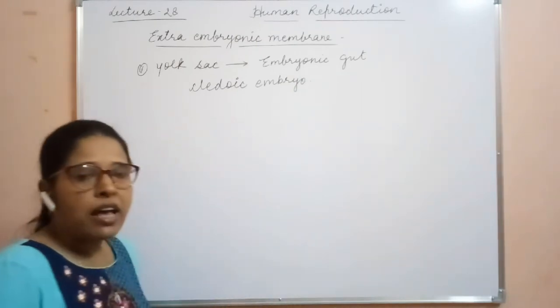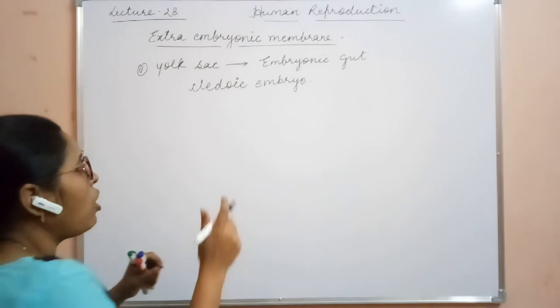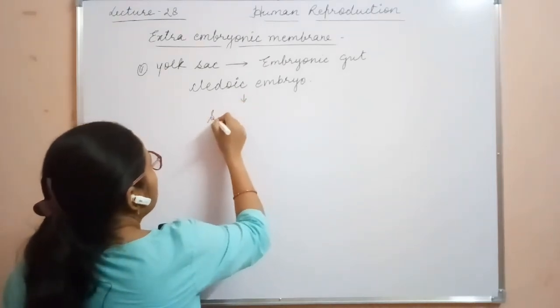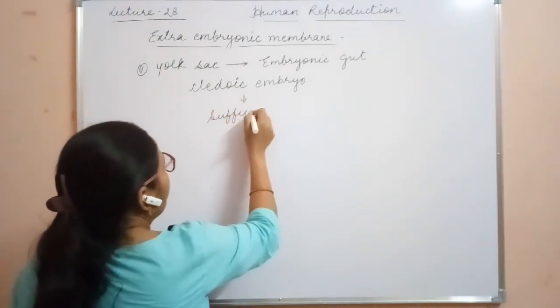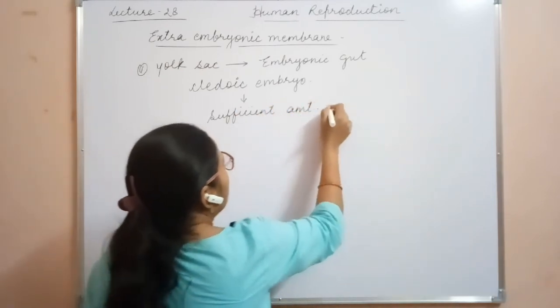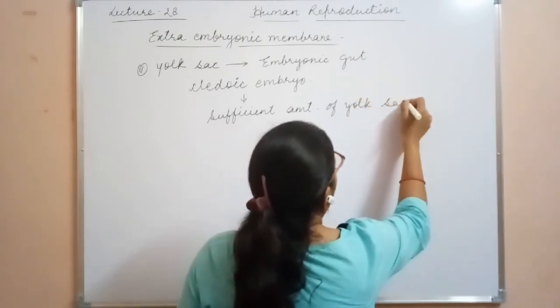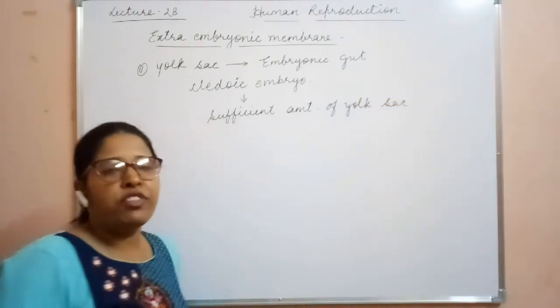In case of reptiles and birds, the eggs are cleidoic because they have a sufficient amount of yolk sac for the complete development of the embryo.